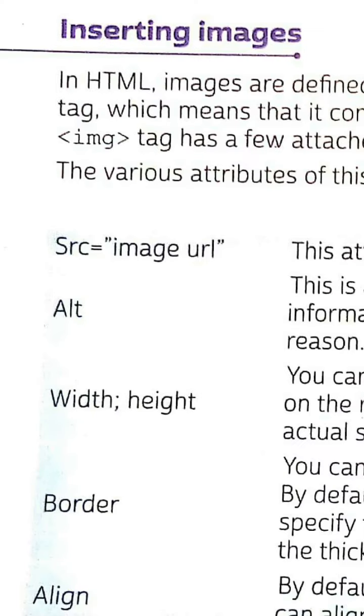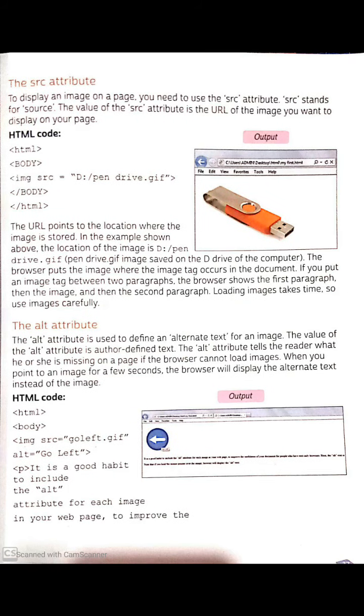The next one is what? The alt attribute. The alt attribute is a mandatory attribute. It provides alternative information for an image if a user cannot view it for some reason. Suppose you are not getting any information for an image, or you can't view that image, then what will it do? The alt attribute will provide you alternate information for that image.